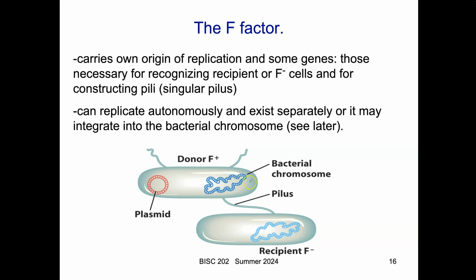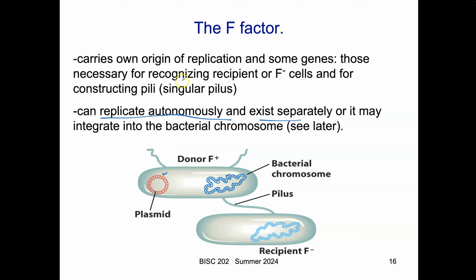So whenever the bacterium is about to divide, it replicates its bacterial chromosome and it replicates its plasmid, and then the two daughter cells each get one copy of the bacterial chromosome and one copy of the plasmid. And that's what it means when it says replicating autonomously and existing separately, right? And this is how the experiment we're talking about worked.